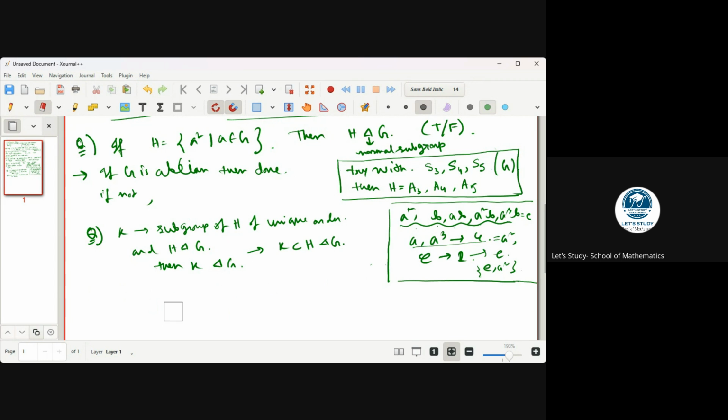Just prove this one. There is a subgroup K of H of unique order. We are talking all about finite things, and H is normal in G, then K is normal in G. I'm telling you this is a true statement. Okay, now prove this.